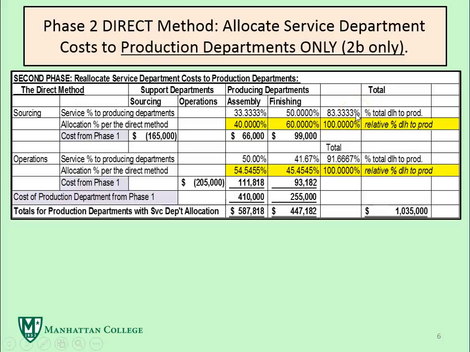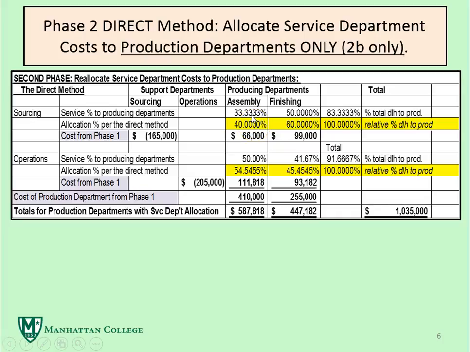In total, 83.3% of its time is spent servicing these two departments. Ignoring the 16.67% that it spends servicing the operations department, let's figure out the relative percentage of time it spends in each production department.